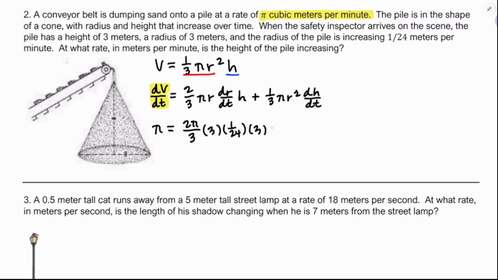All right, and then plus 1/3 pi radius squared is going to be 9, and dh dt is the thing that we're interested in eventually finding.